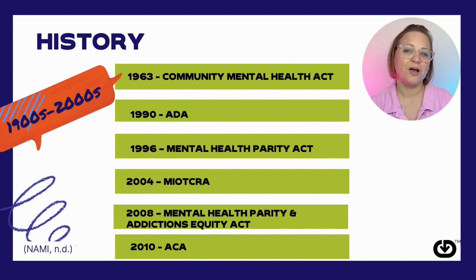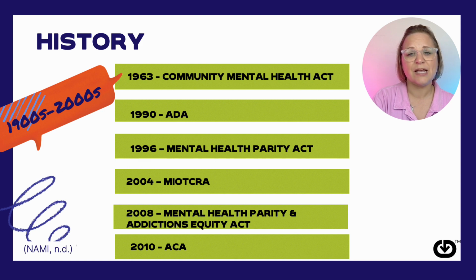The next major law was in 2004, when President George W. Bush signed the Mentally Ill Offender Treatment and Crime Reduction Act. This provided resources for communities for alternatives to incarceration for youth and adults with mental illness and co-occurring substance use disorders.